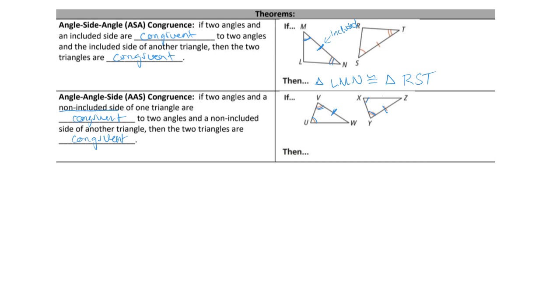Either of the non-included sides would make it angle angle side. So triangle WUV is congruent to triangle ZXY. It doesn't really matter the order as long as they match up. You can see W and Z match up, so we could label it however we want as long as the corresponding angles match up.